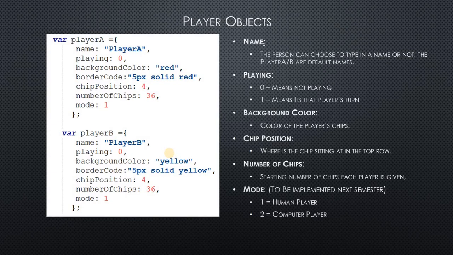Player objects. The objects are like people in this sense. Everybody has a name, so we wanted to allow people to type in their name to tell who's playing, what color chip they are playing with, and the chip position, which is where they are on the top row above the game board, and then the number of chips, which is how many chips each player has.